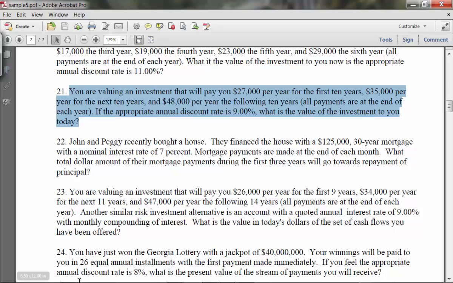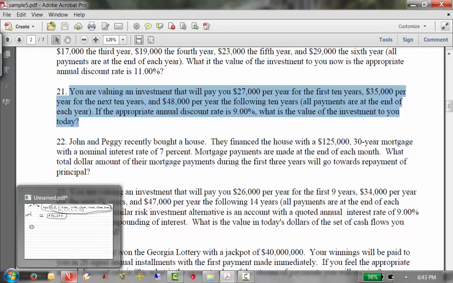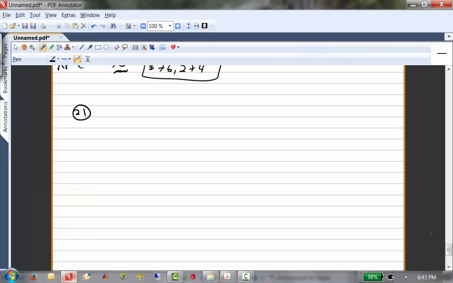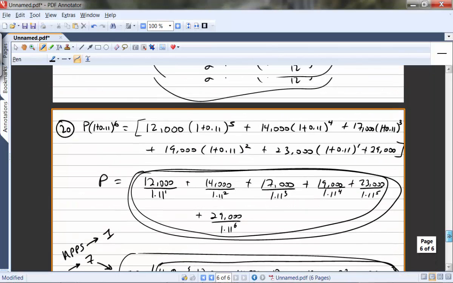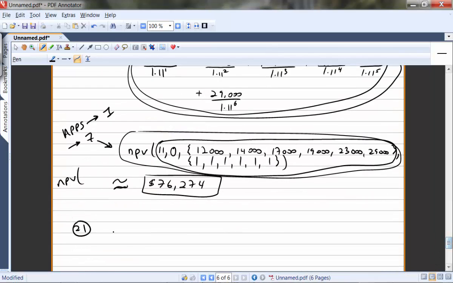You do the same logic as we did up here. Same thing as 20.